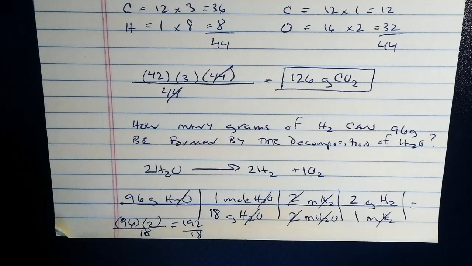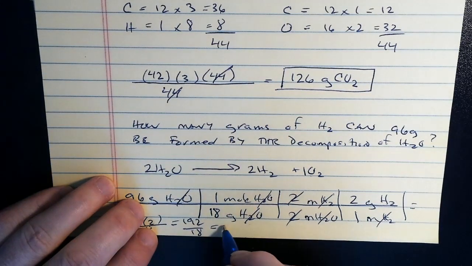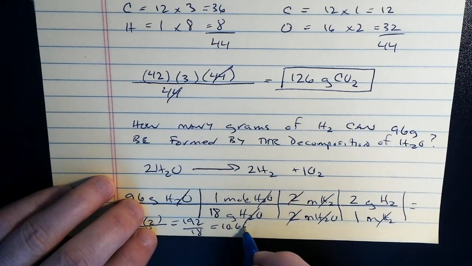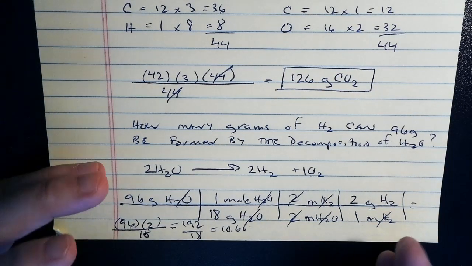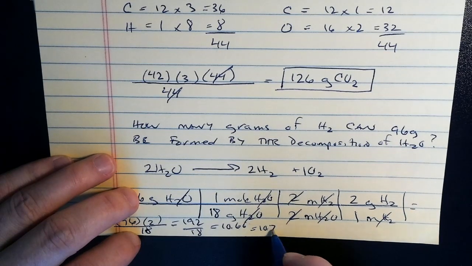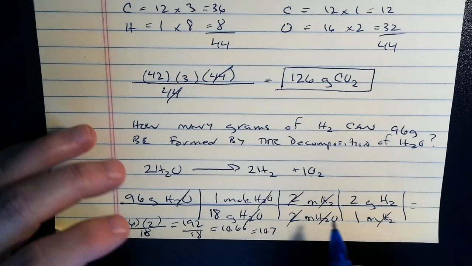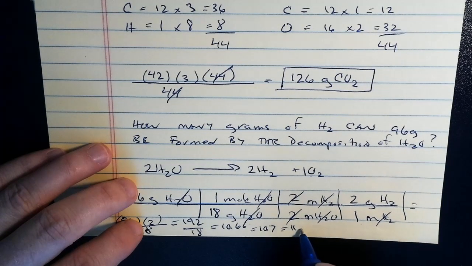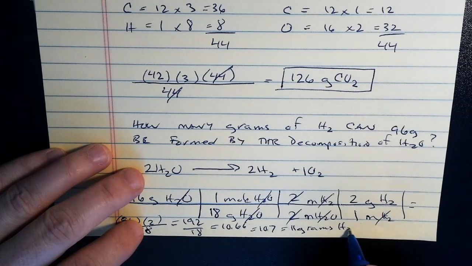So divided by 18 is equal to 10.666, etc. Now, because we've been rounding to the whole number, you can either put 10.7 grams, or you can just say 11 grams of H2.